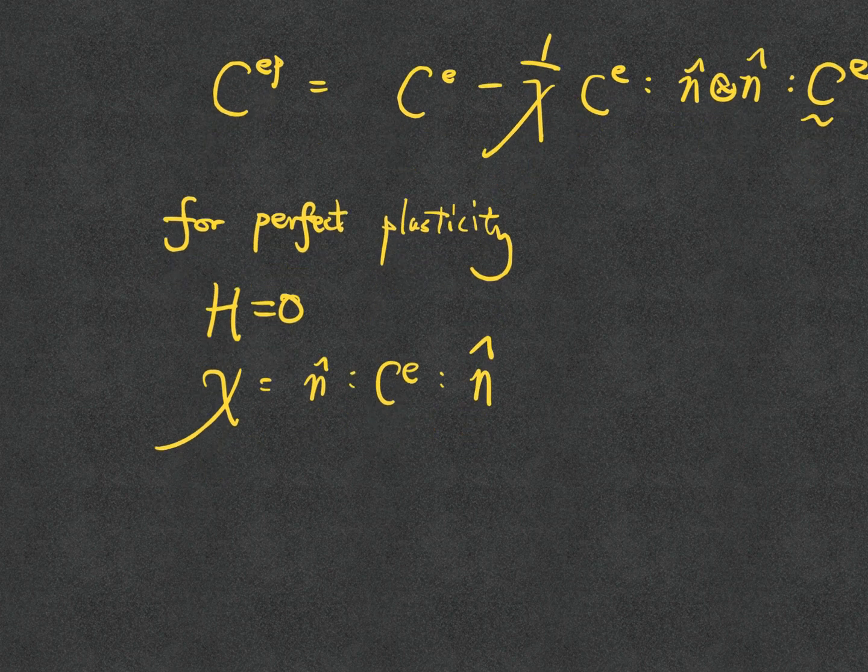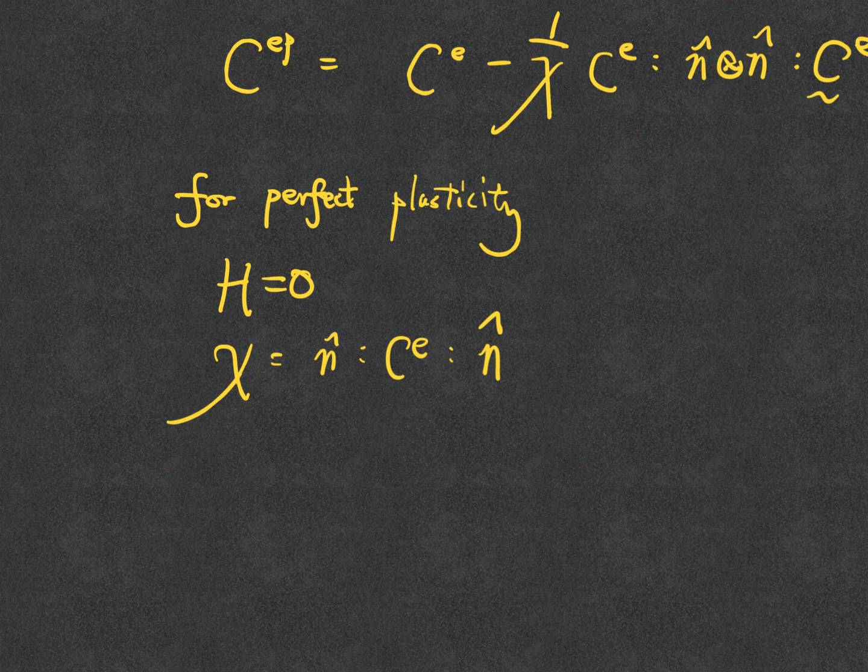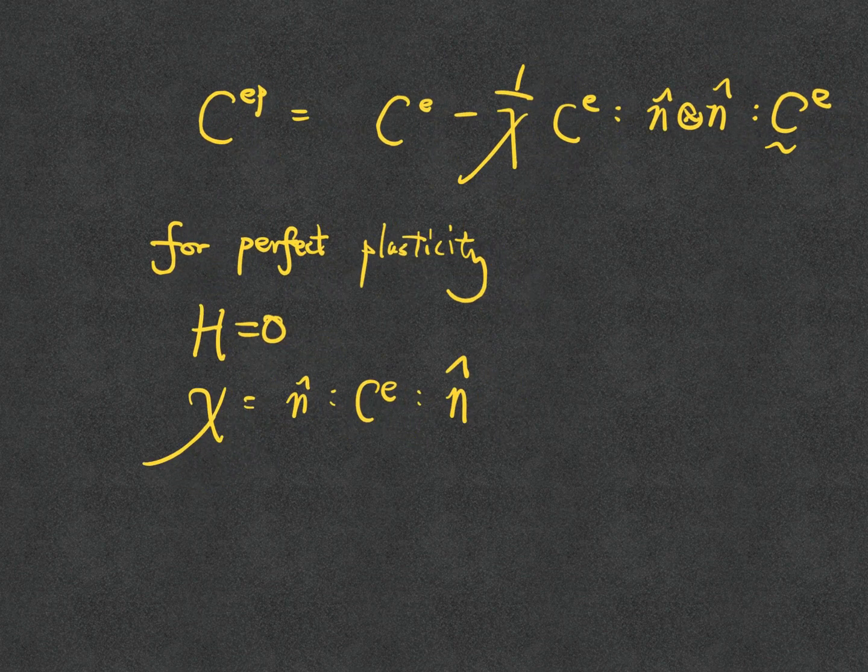And in this case, what would happen? If you remember what we talked about in the last lecture, C^EP does not necessarily have a zero component, but in perfect plasticity, C^EP is singular.